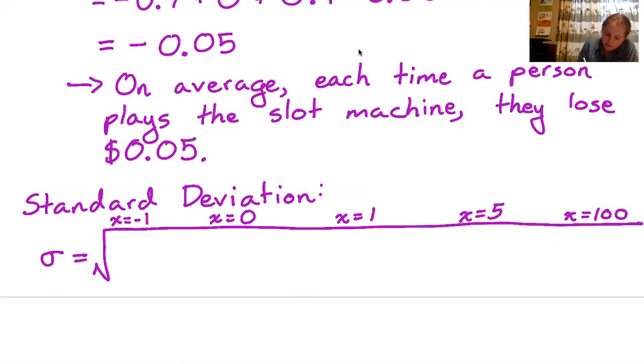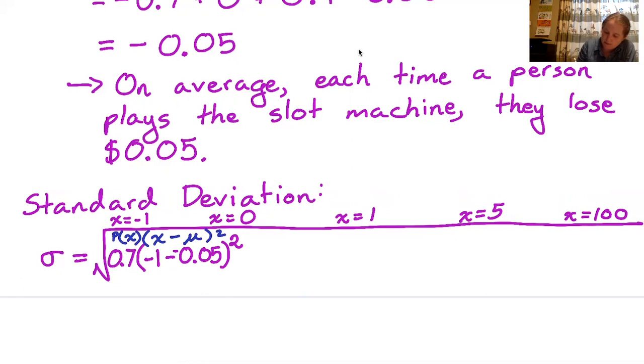Probability of -1 was 0.7, so we will do 0.7 times x minus the mean, so -1 minus -0.05, and then square. So again, this is the probability times x minus the mean squared for x equals -1.